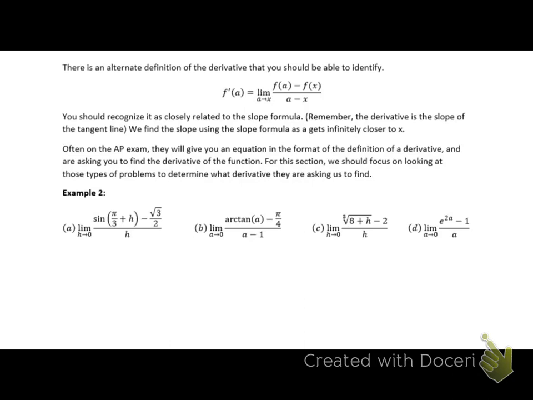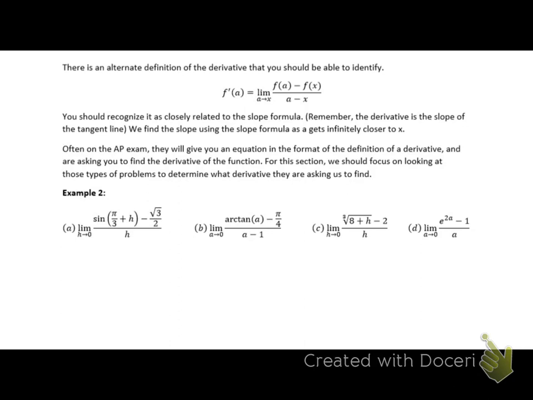They'll say, find the limit as h approaches 0 of sine of pi over 3 plus h minus the square root of 3 over 2 all over h. And your job is to figure out what they're asking you, because they don't expect you to do that by hand. If you look at these problems, there's not really a way to simplify these things. You have to know what they're asking and then use a shortcut to do it.